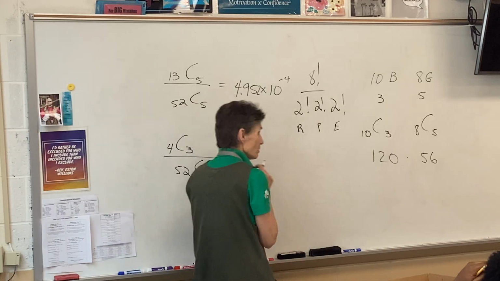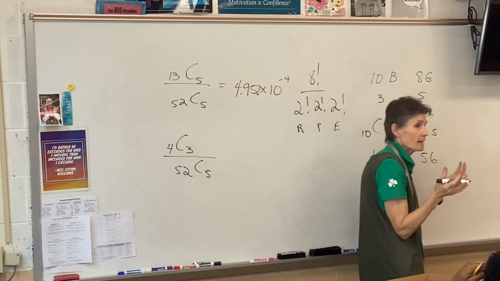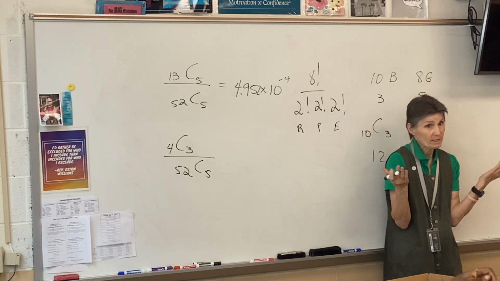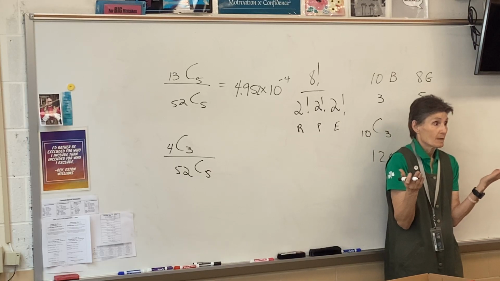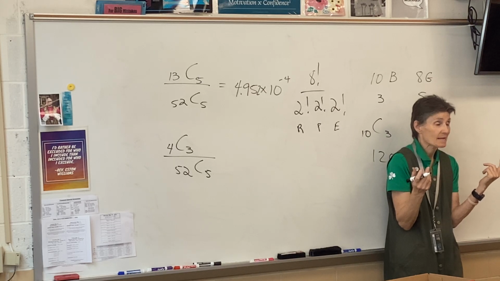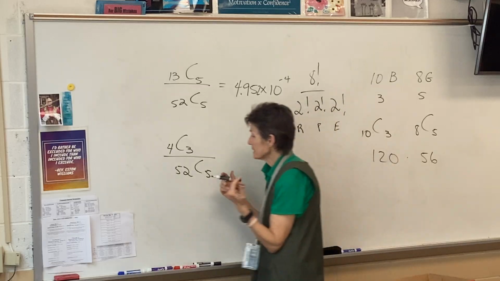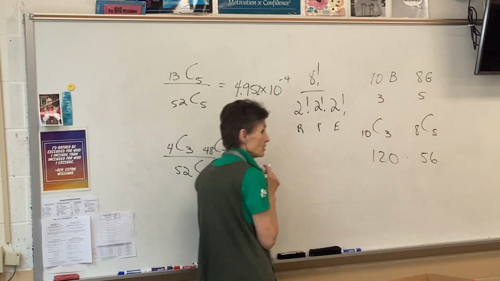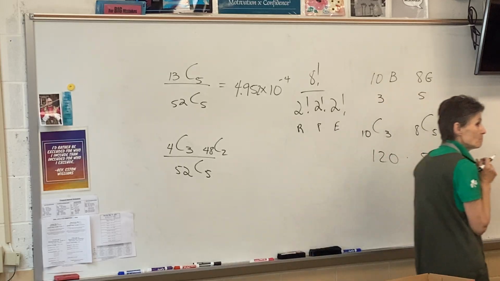Would you agree with her? How many aces are in the deck? 4. How many of them are you picking? 3. 4C3. Exactly. I also need 48C2. This is the tricky problem.